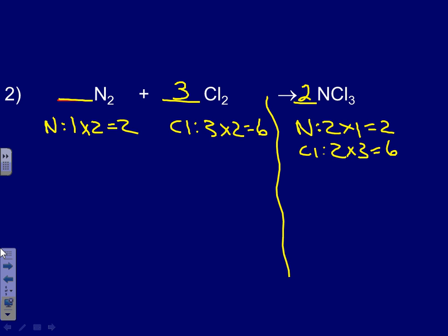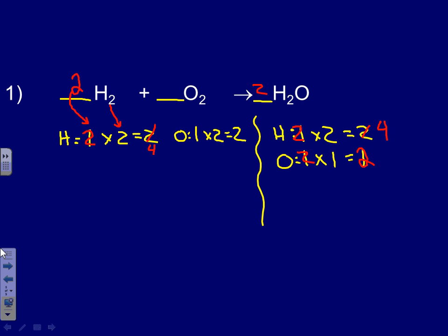Actually, I think if we were to go back to the first one that we did, I'm just going to go back for a moment just to point it out. If I go back to this, look at here. 2 and 1. Switch them. It's like we did a moment ago. That gets you to put your 2 up there right away. And then you don't need to write it all down.